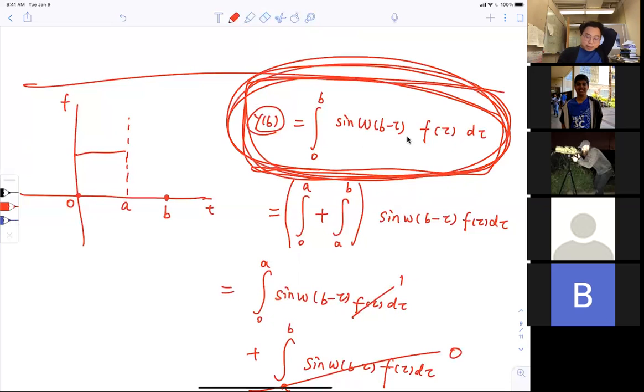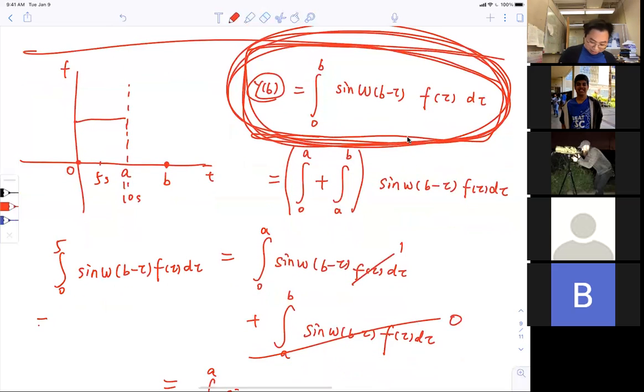Now let's say a equals 10 seconds, okay? And now your friend asks you what's the position of this object at 5 seconds. Then what you need to do is integrate from 0 to 5 sine omega (t minus tau) f(tau) d tau. I agree.